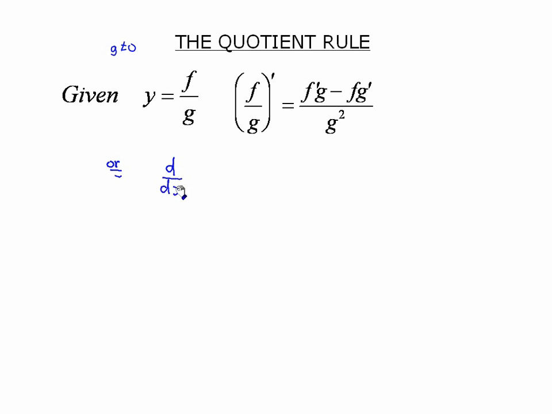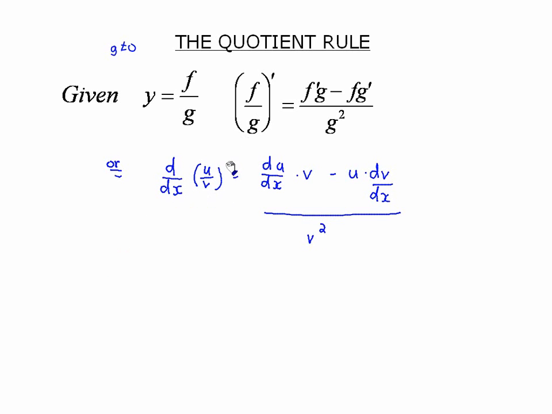So if you were to take the derivative of a function u over v, it would be equal to the derivative of the u function, let's say with respect to x, multiplied by v, untouched, minus the u function multiplied by the derivative of v with respect to x, all divided by v squared.